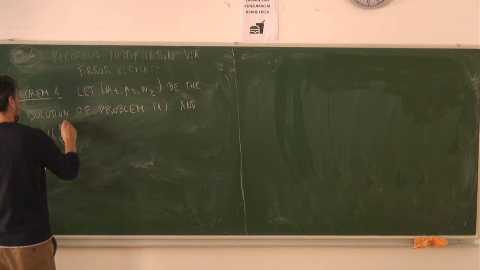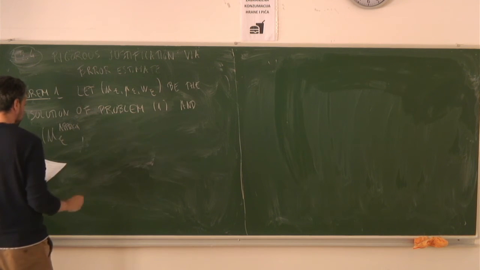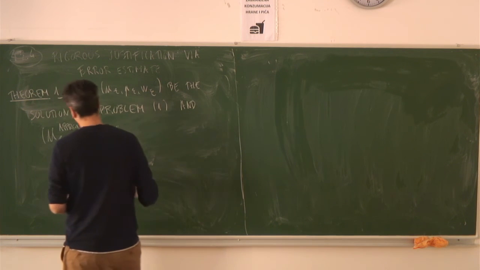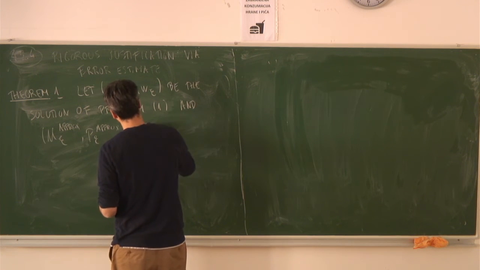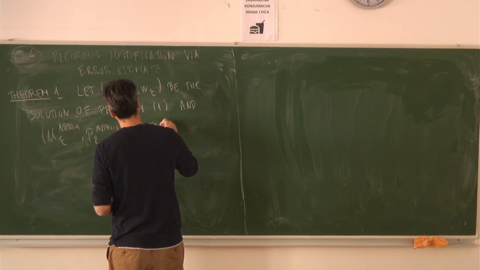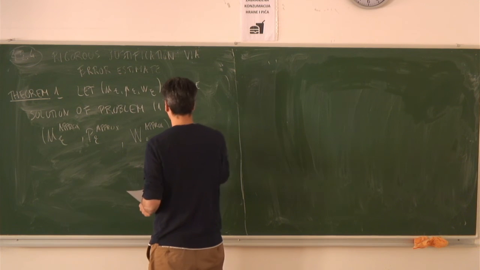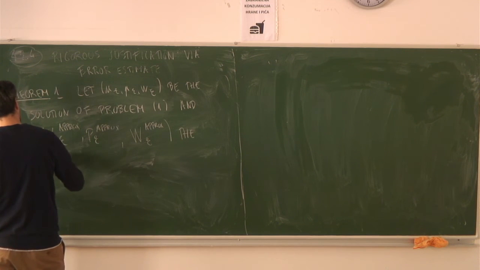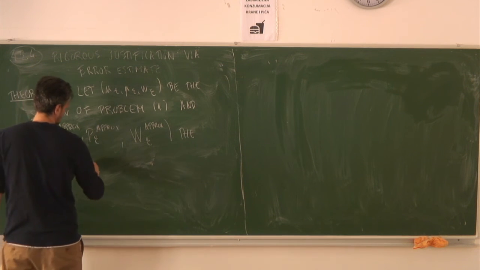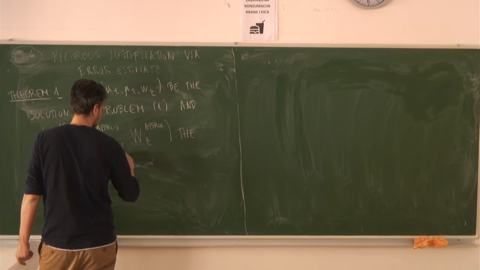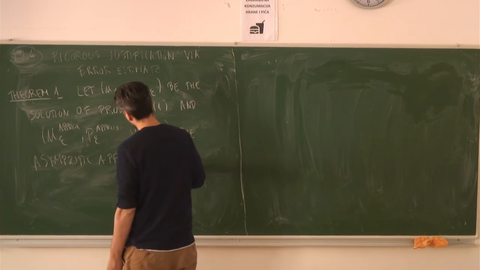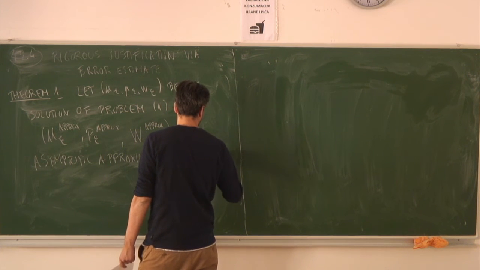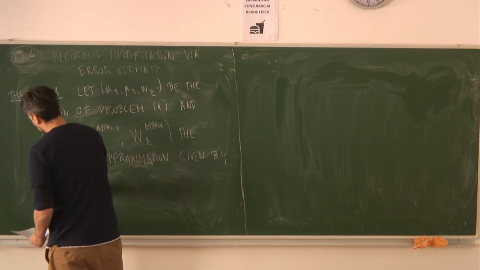And u epsilon approximate, p epsilon approximate and v epsilon approximate. So let this be the asymptotic approximation, given by 21.